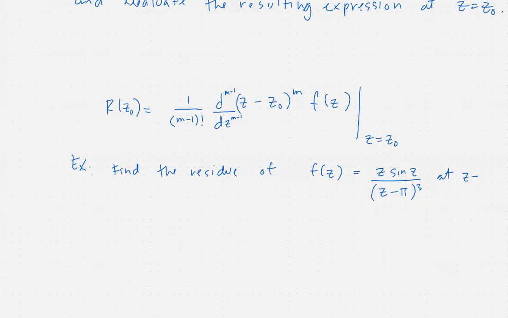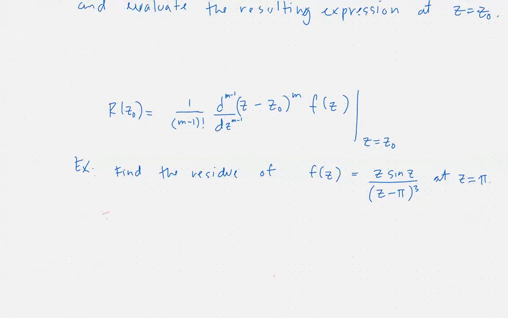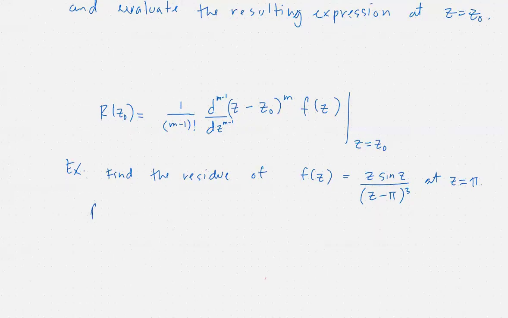Now looking at z minus pi, without the power 3 it's just a simple pole. But now we have power 3, so this is a pole of order 3. So f of z has a pole of order 3 at z equals pi.